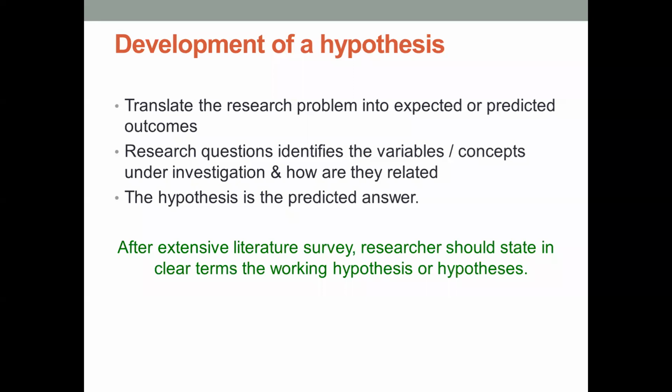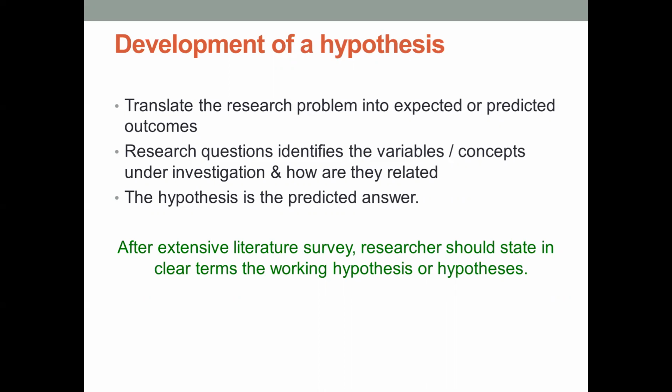Humidity will be X, that is the independent variable. Likewise, for all experiments, you need to identify the variables that you need to check in order to prove your hypothesis.